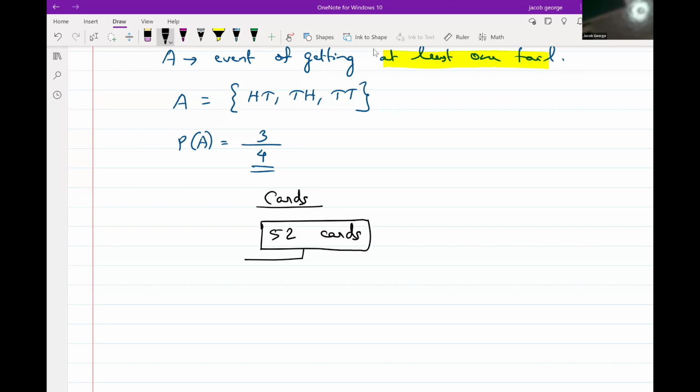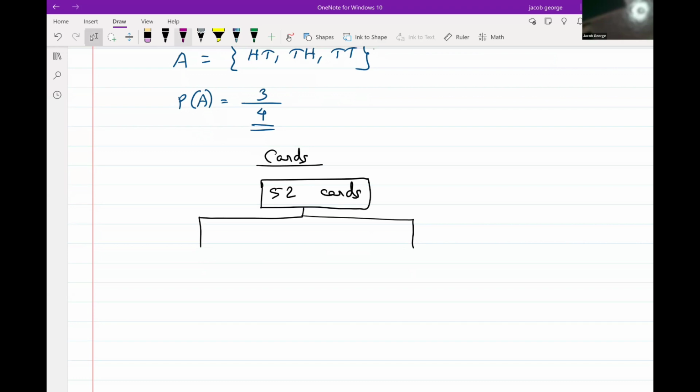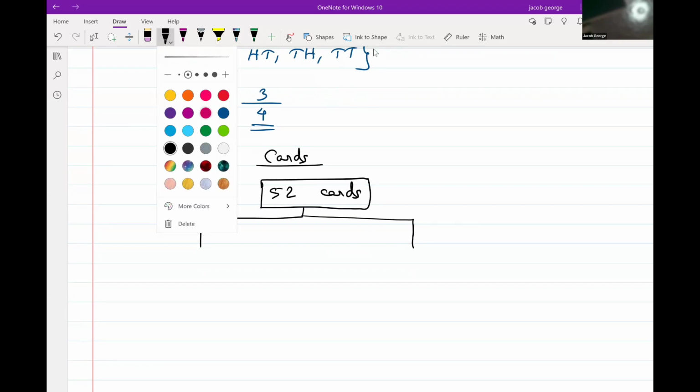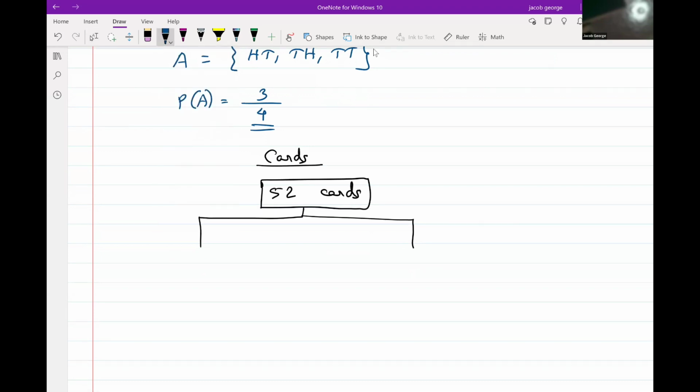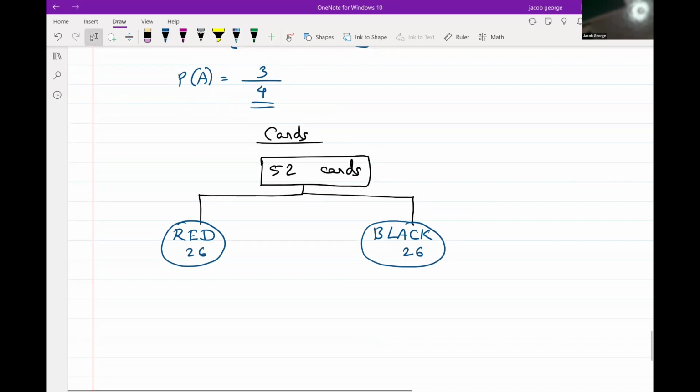We split that into red and black. Red is half, 26, and black also 26.